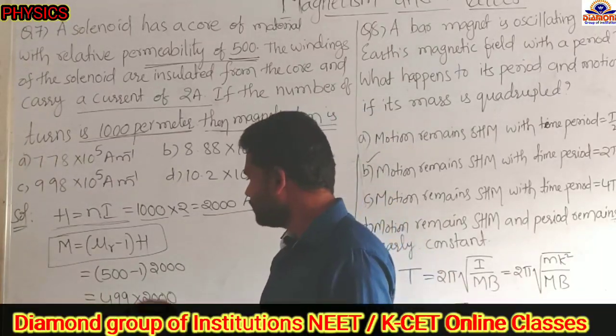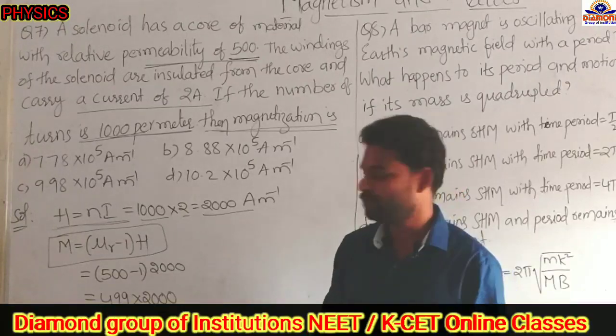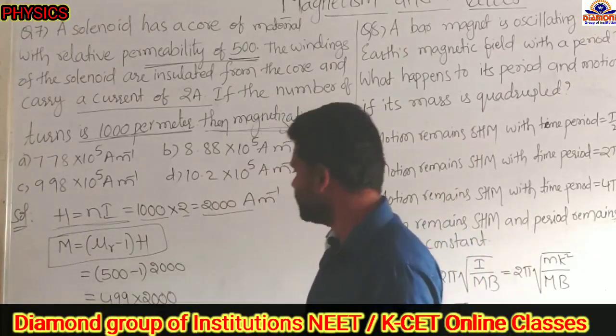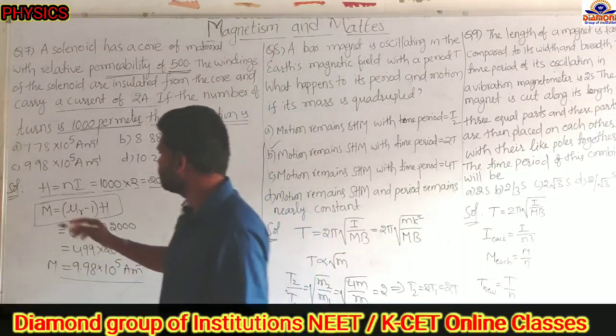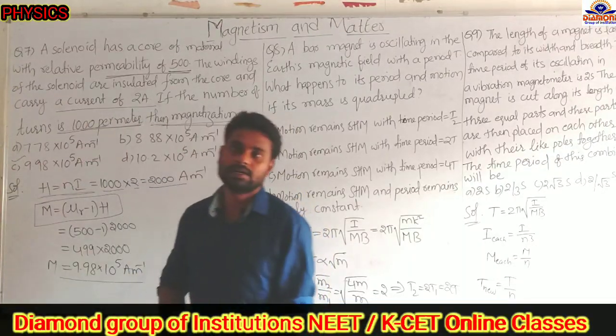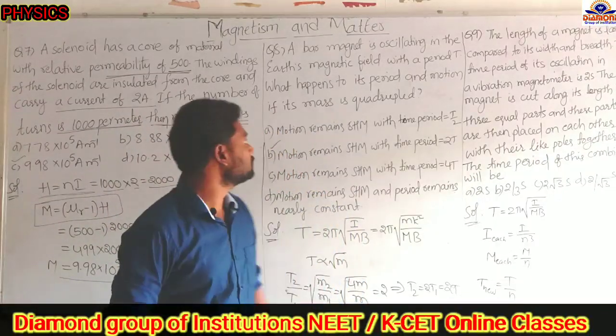Multiply and simplify, and you will get the answer 9.98 into 10 power 5 ampere per meter. C is the right answer. So this is totally based on the formulas. Remember the formulas. Next, see the next question.